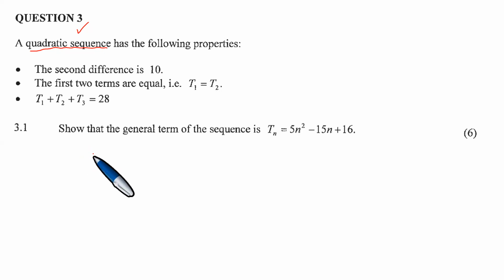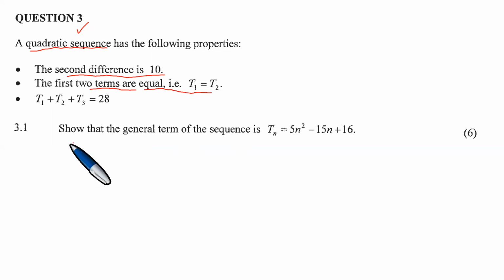Right, so we can look at these as the second difference is 10. The second difference is exactly 10. So the first two terms are equal. What does it mean?